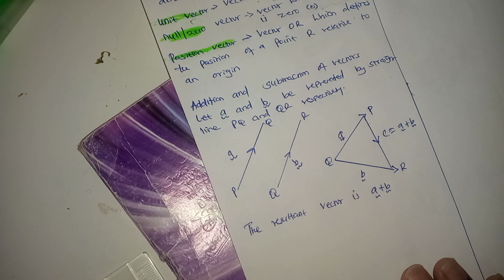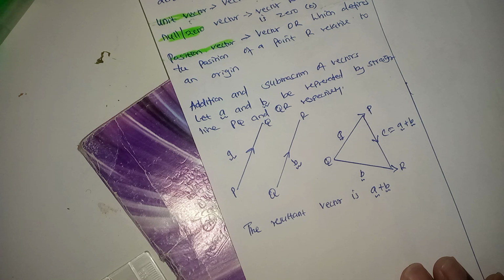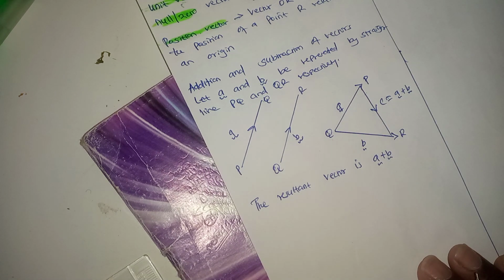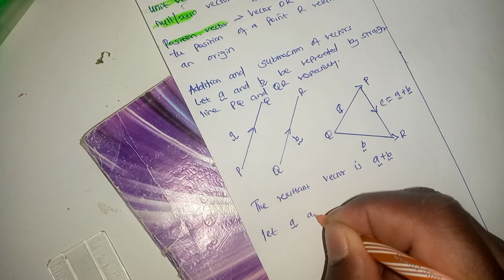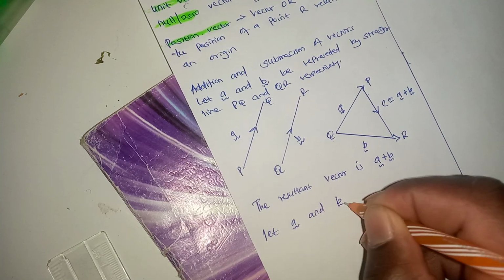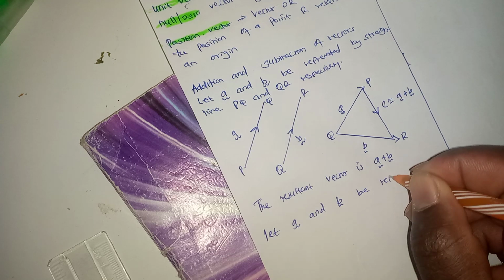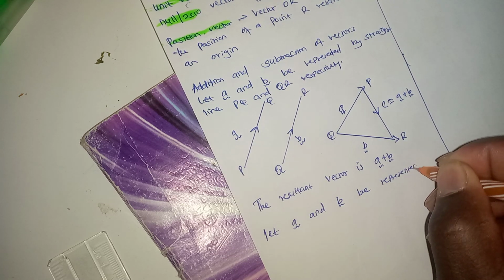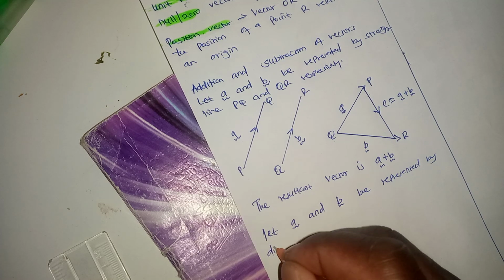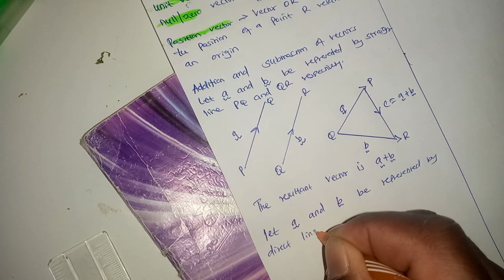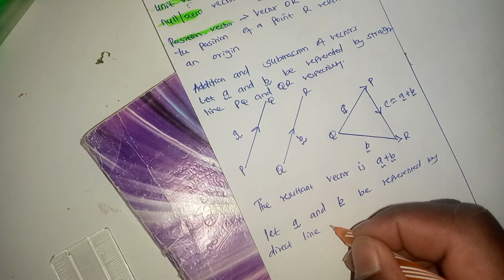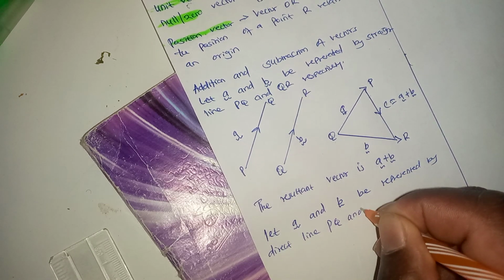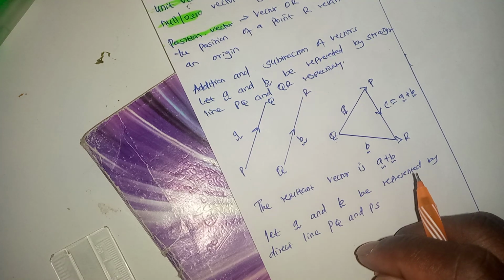Alternatively, we can say let vector A and vector B be represented by directed lines PQ and PS respectively.